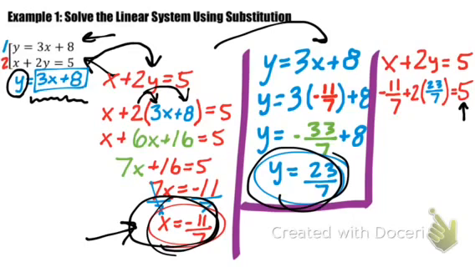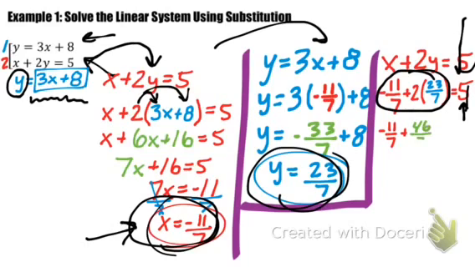Normally, if you get integer values for your x and y, a lot of us don't complete our checking, but we have to double check to see if the left side of my equation will equal that 5. If I have negative 11 over 7 plus 2 times 23 over 7, that ends up being 46 over 7, and when I add these two fractions together, I get 35 over 7 equals 5.